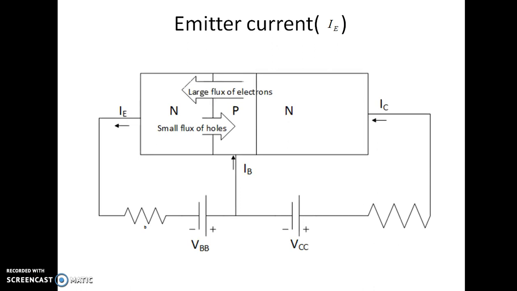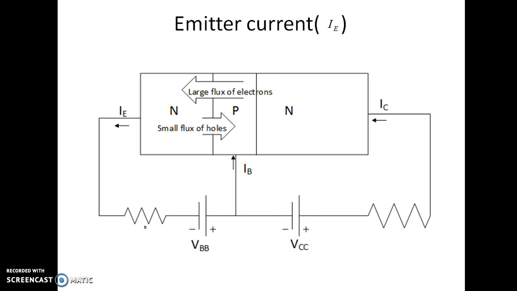This is the emitter current. See, the emitter-base junction is forward biased. So electrons will move from the emitter to the base terminal, and holes will move from the base terminal to the emitter terminal. From the diagram it is clear that the flux of electrons is more than the flux of holes.